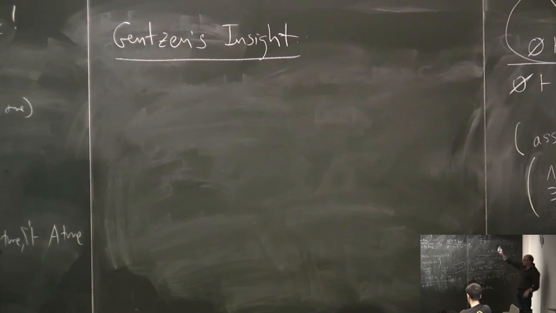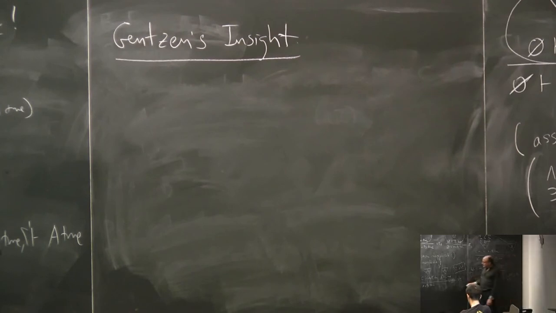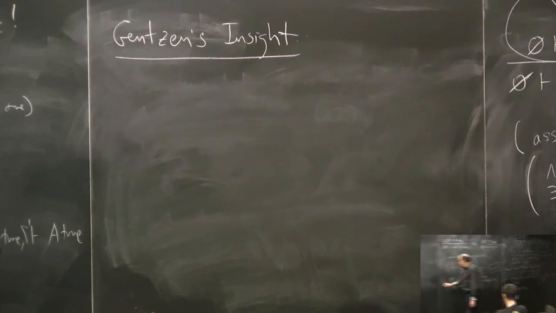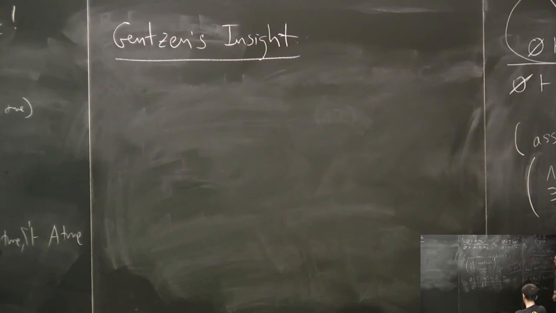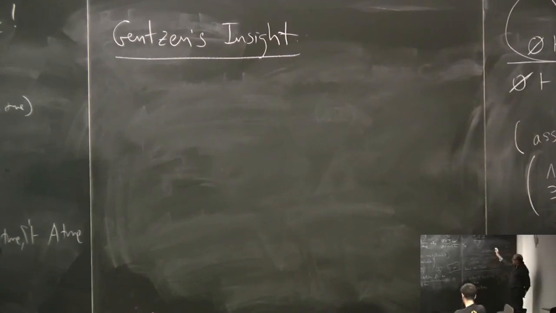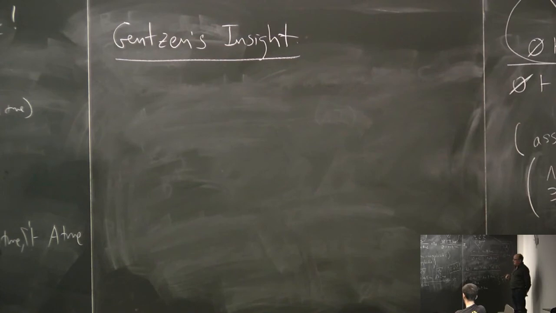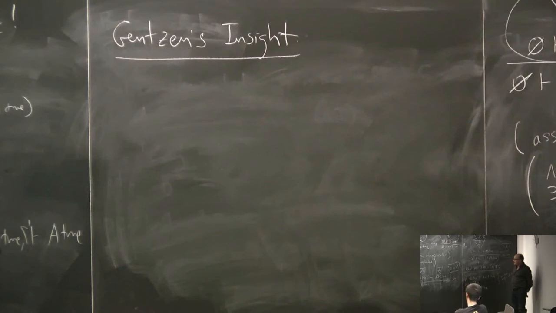Okay, so we started looking at an argument of how this would work. And we ran into this very interesting case, which looked like that, and we started to think about how you might handle it. And that's how we got to thinking about the structural properties. But there's something very interesting about this case.